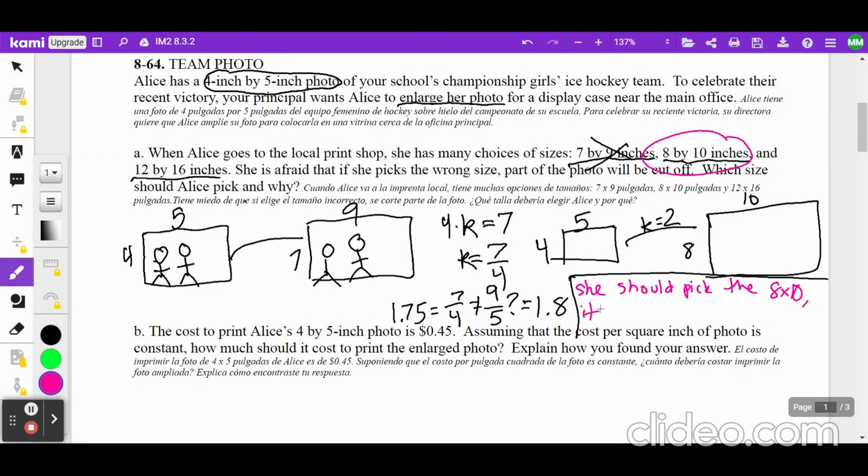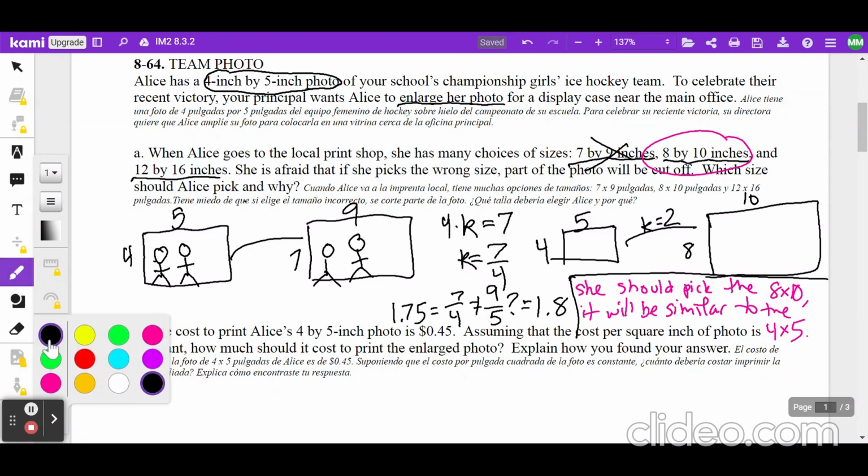It will be similar to the 4 by 5, so everything will fit perfectly. Okay, that's that.